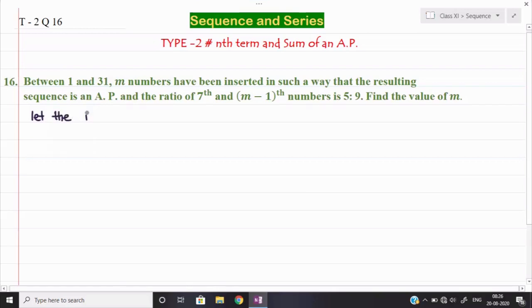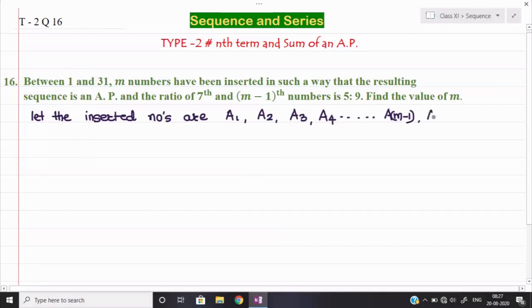let the inserted numbers be a1, a2, a3, a4, and in the same manner we go to a(m minus 1), and the last number will be am. I am taking a capital symbol because the small symbol is reserved for the first term.